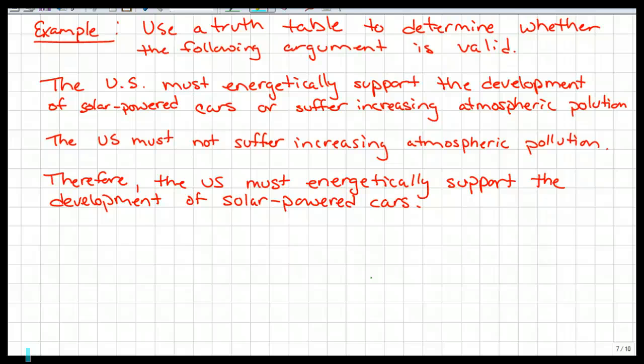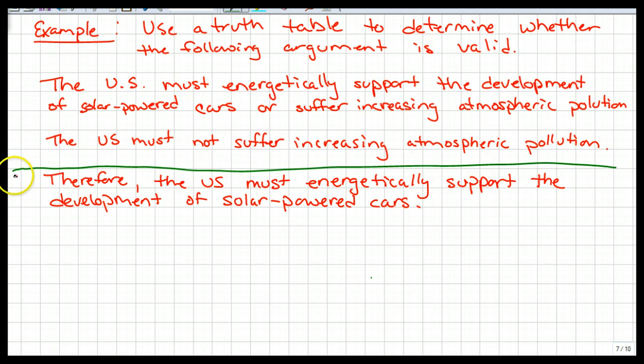And the third one says, therefore, the U.S. must energetically support the development of solar-powered cars. So basically, you could write this out as this being the conclusion, this being premise 1 up on top. Those 3 dots mean therefore. And the second one being premise 2.